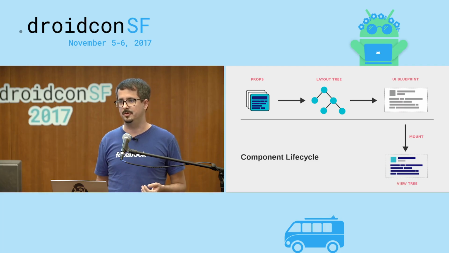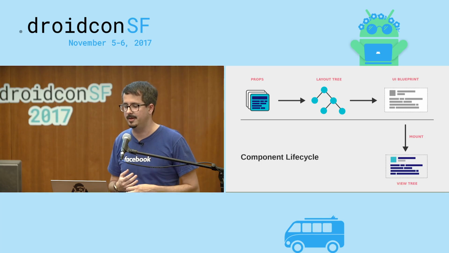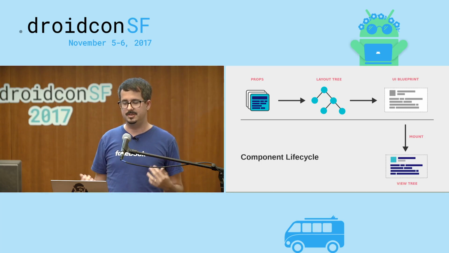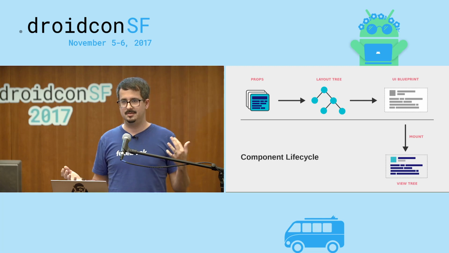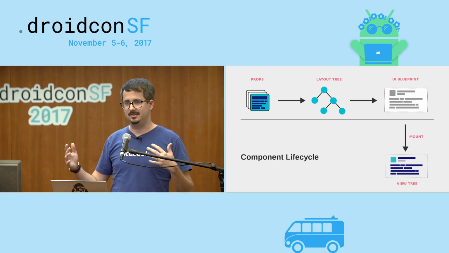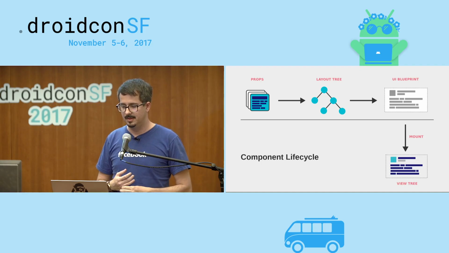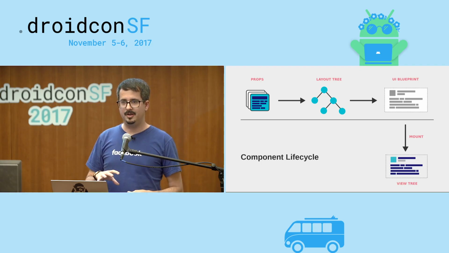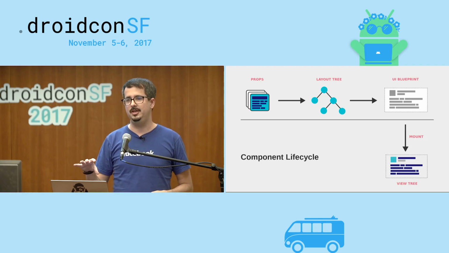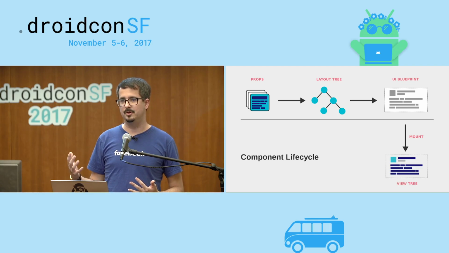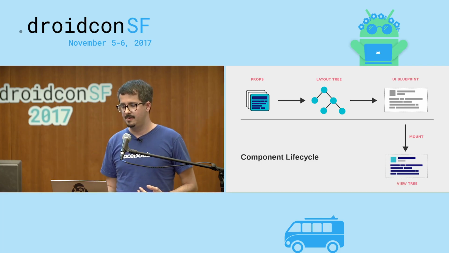That's the user space code that you have to write. The result of your onCreateLayout call is a layout tree, essentially what you would have as a view tree in the traditional Android world. The framework is going to analyze this tree under the hood, calculate the bounds of everything, and generate a blueprint of what your component is going to be once it gets rendered on screen.